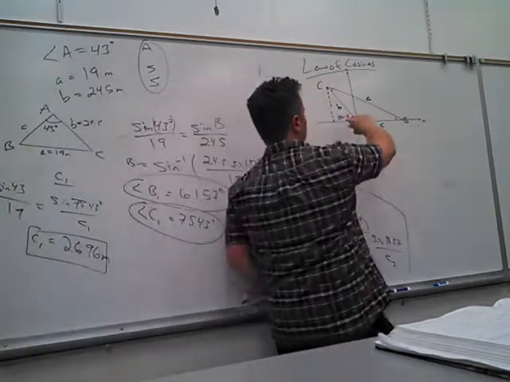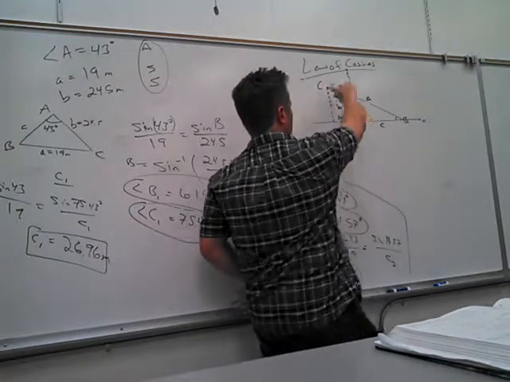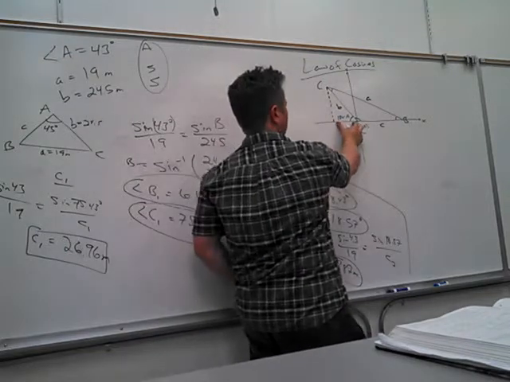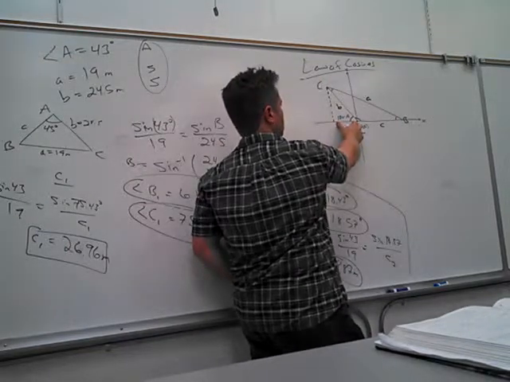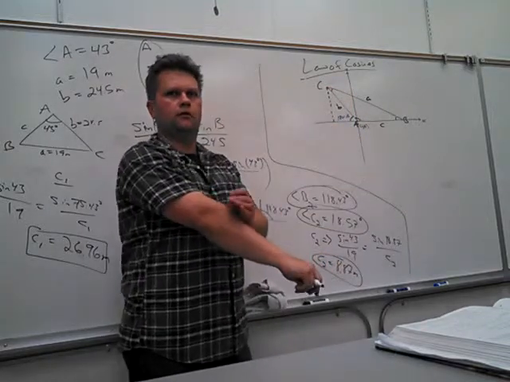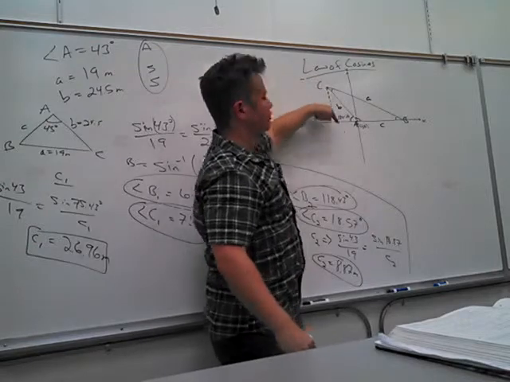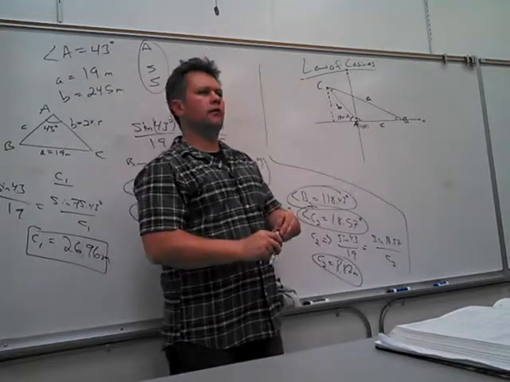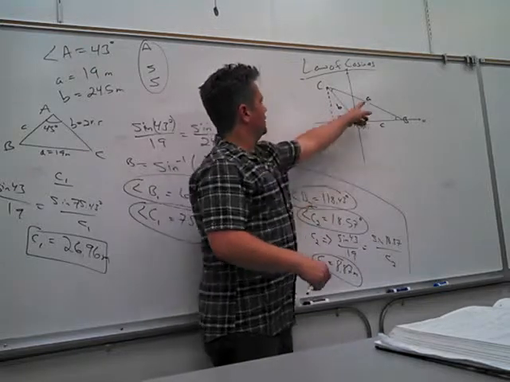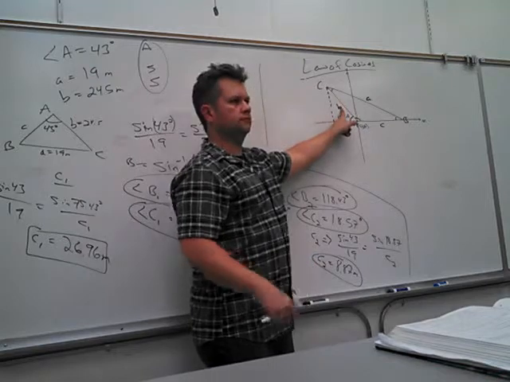Okay, so what is this side here then, in terms of the angles and sides in that triangle? What ratio do I want to set up? What's the only side that I really feel comfortable with in this right triangle? I love it. A is not in this triangle. B. That's the only thing I got.